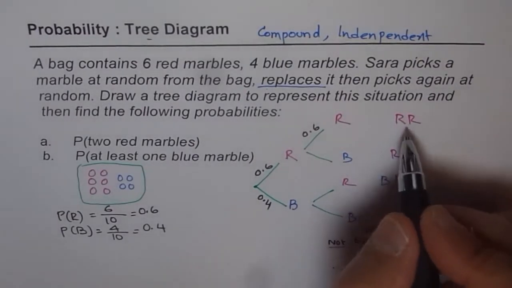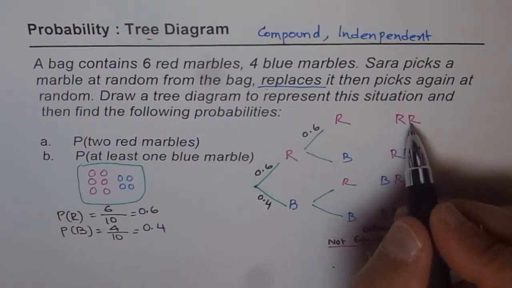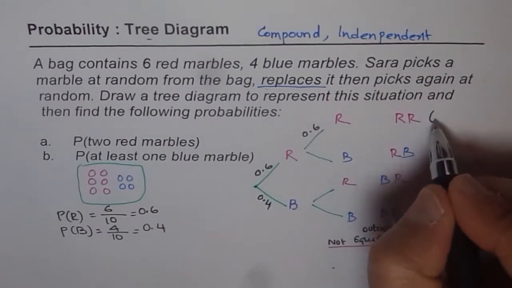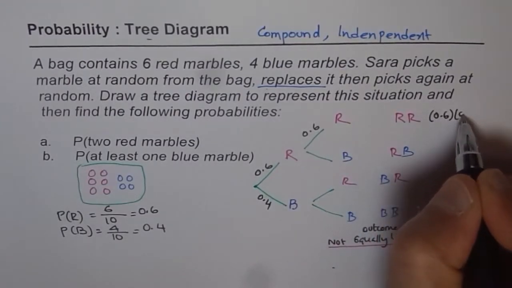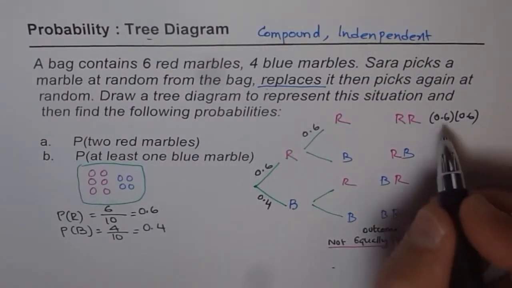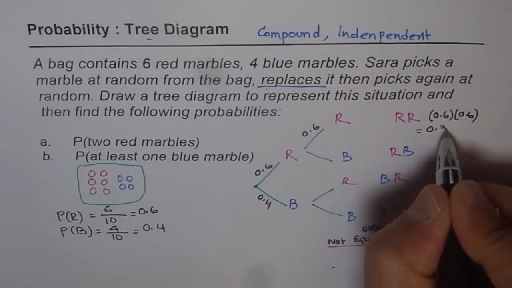So the answer for 2 reds is what? It's red and red. So since it is AND operation, right? Red and red, they get multiplied. So what we get here is 0.6 times 0.6 or 0.6 squared. Do you see that? So that is your answer, which is equal to 0.36.